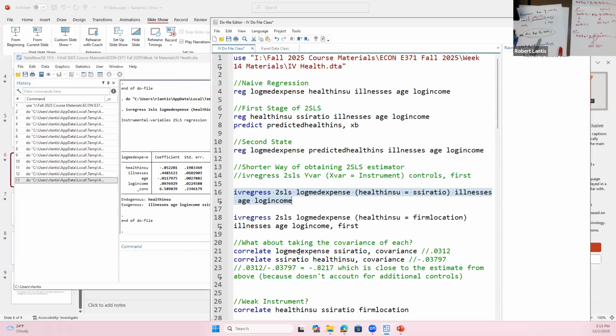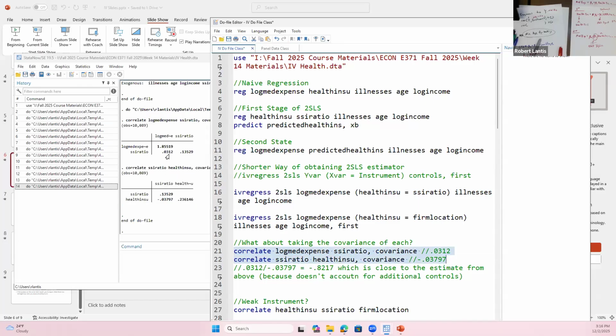If we take the ratio of those covariances, if it's a good instrument, it should give me about that same value. So I can run these correlations. Here was the correlation of Y with my instrument and the correlation of X with my instrument. So I can obtain those two values, 0.0312 and negative 0.0379.